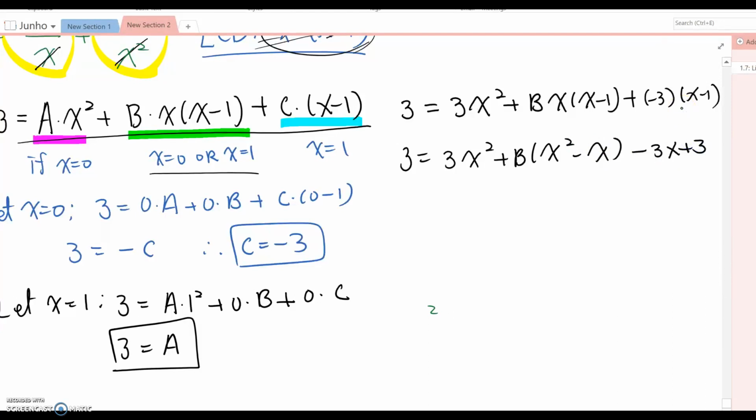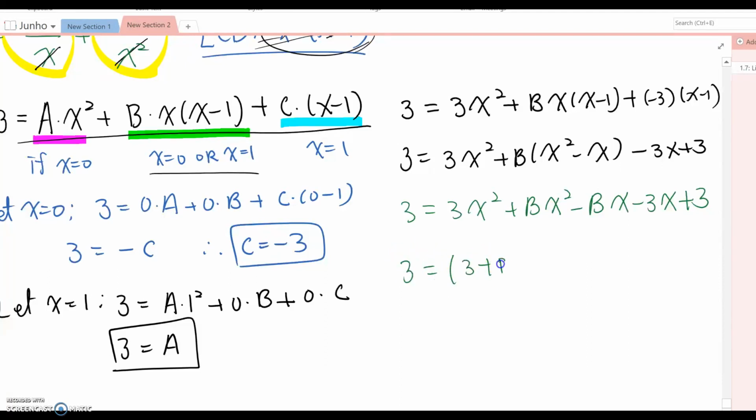So we keep on expanding and then combine like terms, then this becomes 3x squared plus bx squared minus bx minus 3x plus 3. So we can rewrite that 3 equals (3 plus b)x squared minus (b plus 3)x plus 3 here.